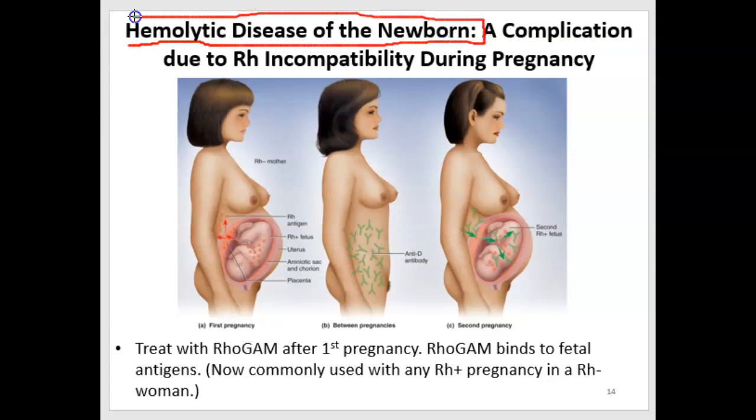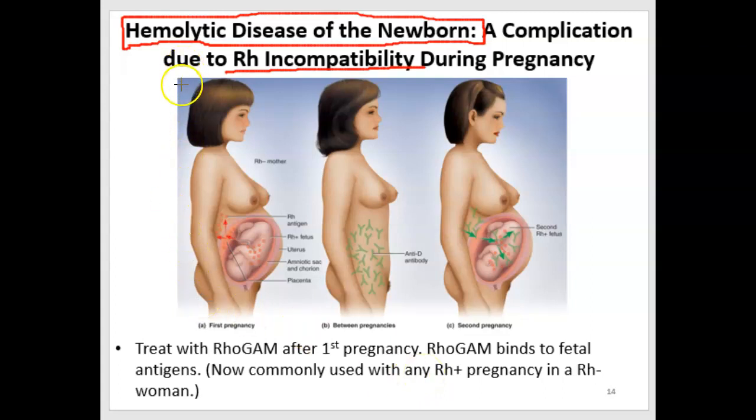And what that means is that hemolysis happens at a very fast rate in a newborn. And it has to do with the fact that a mother's antibodies can cross the placenta and get into the bloodstream of the baby. Now, this is due to a complication in RH factor compatibility. Now, there's never a problem with the first pregnancy.